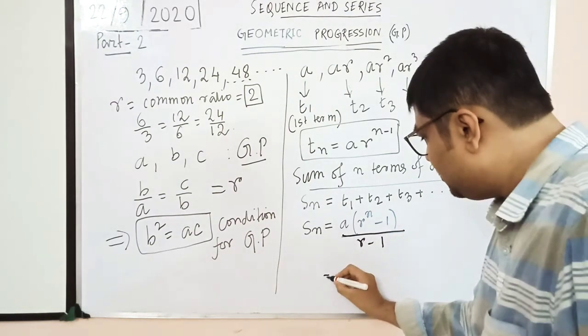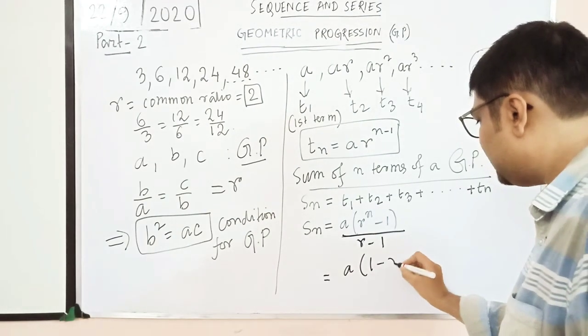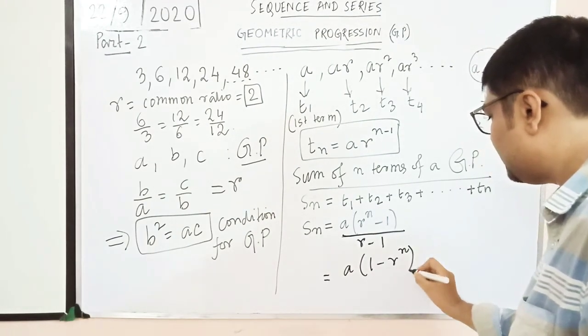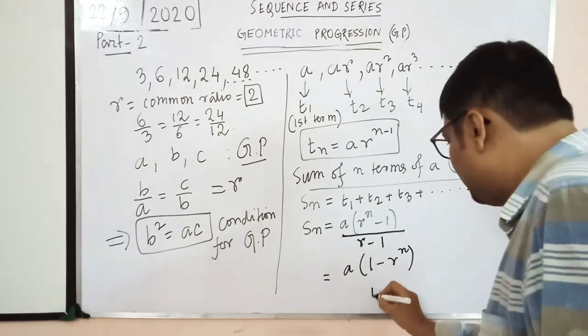Or another formula we see: A into 1 minus R to the power n, divided by 1 minus R.